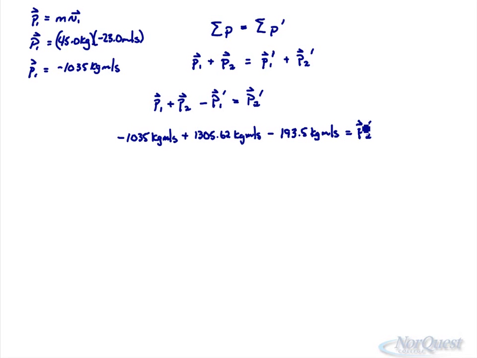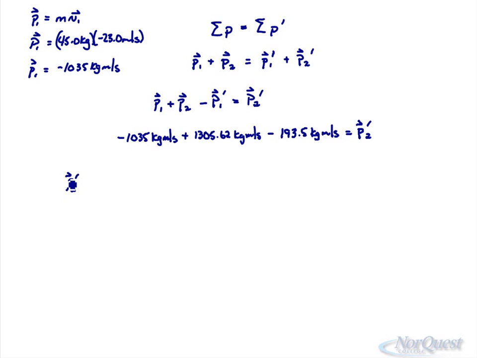And if you punch this in, the momentum of object 2 should work out to be 77.12.